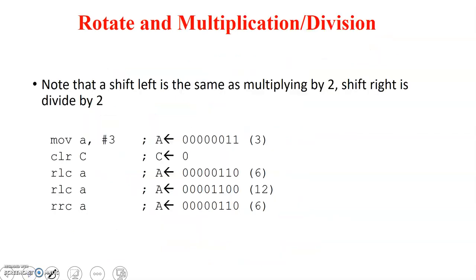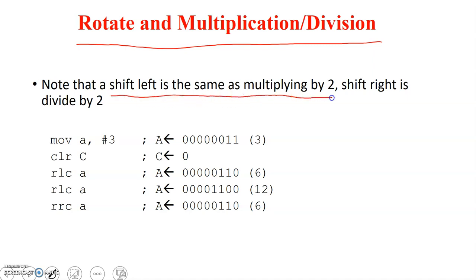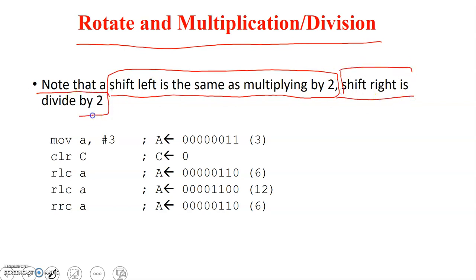Another important thing we can obtain with the help of the rotate right and rotate left instructions is that left shift is the same as multiplying the number by 2, while right shift is the same as dividing it by 2. We'll see it with the help of an example.